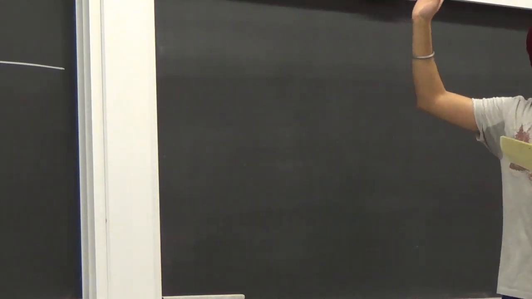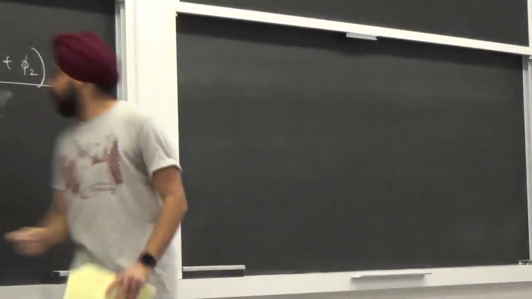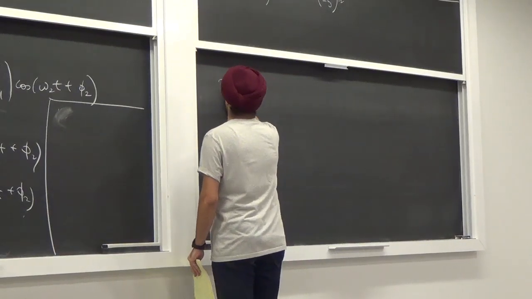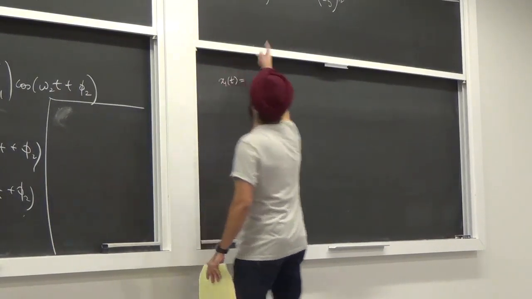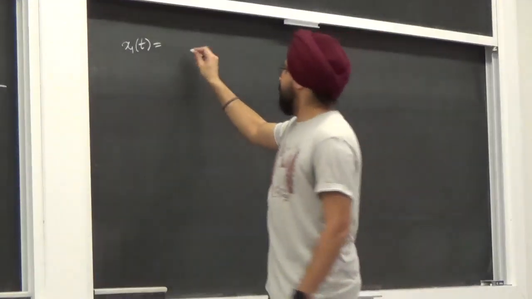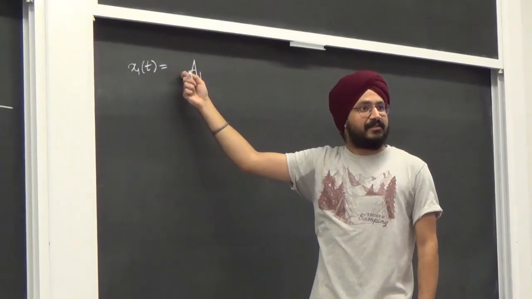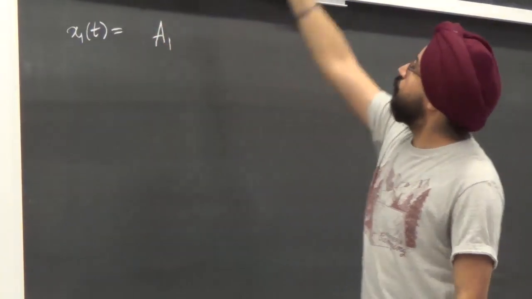Okay. Now let's see what are the normal coordinates in this situation. First, write down generically x1 and x2. Okay? Alright, please help me here. What's x1 as a function of time? Anything before 3? 1 or something else? 3.